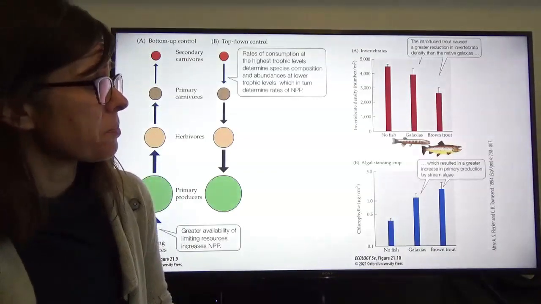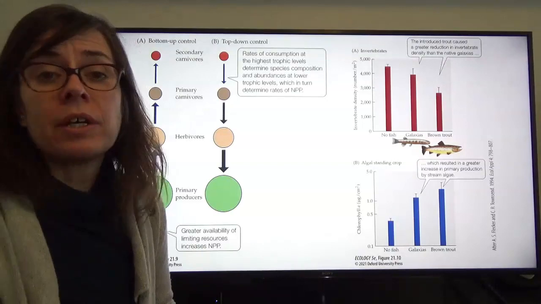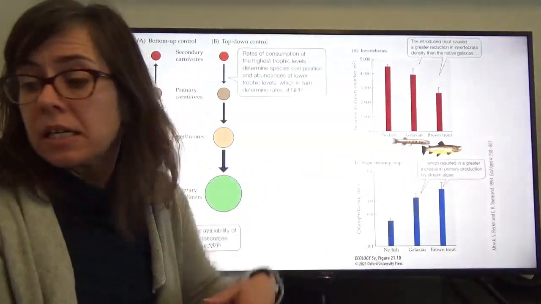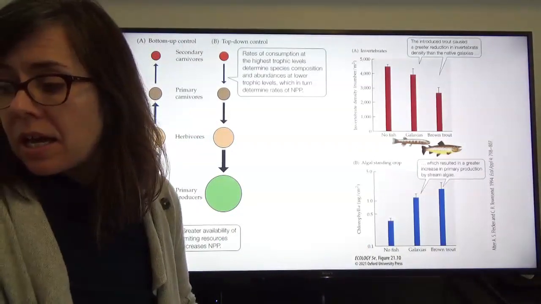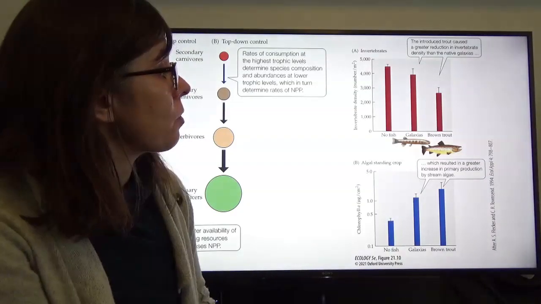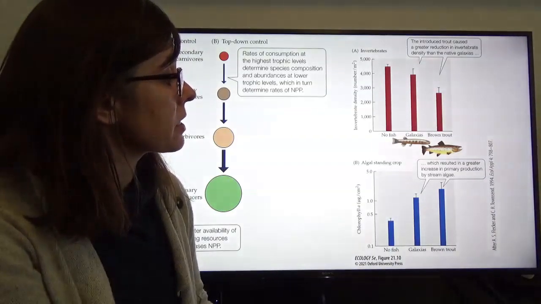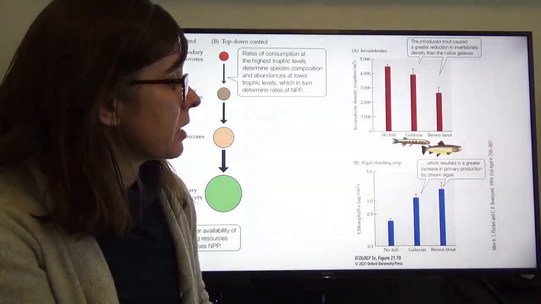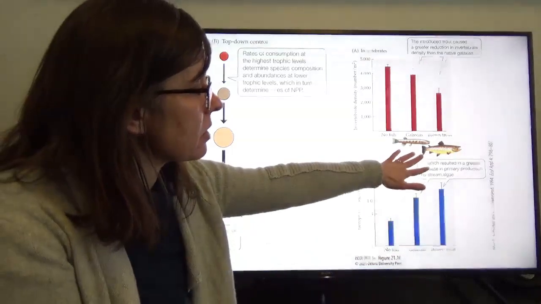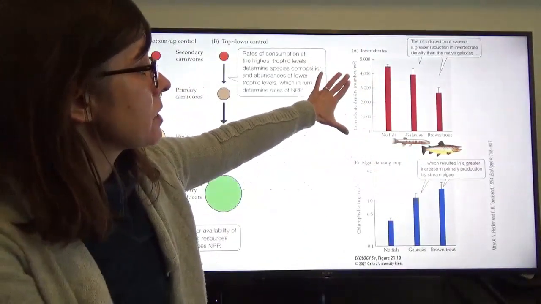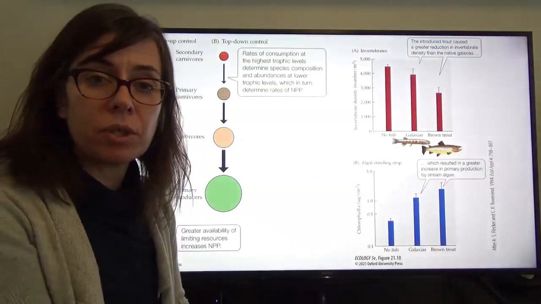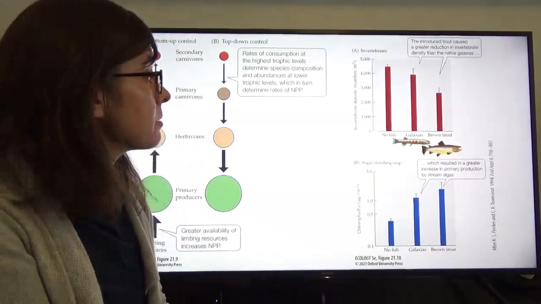It creates an interesting situation for trying to understand trophic dynamics when you bring in a new predatory species. The introduction of these brown trout led to declines in various native species. In this graph, the native species is Galaxias. This is work done by a couple of scientists, Flecker and Townsend, who looked at the impact of these brown trout on, first of all, invertebrate densities. The brown trout and the Galaxias both prey on invertebrates in these stream and lake ecosystems.